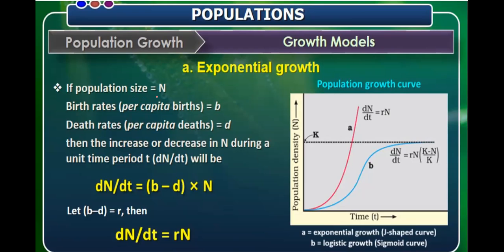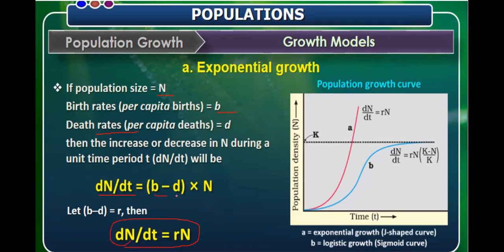If population size is capital N, birth rate per capita is small b, and death rate per capita is small d, then the increase or decrease in population size during a unit time period t, dN upon dt, will be dN upon dt equals b minus d into capital N. Let b minus d equal r, then dN upon dt will become rN.